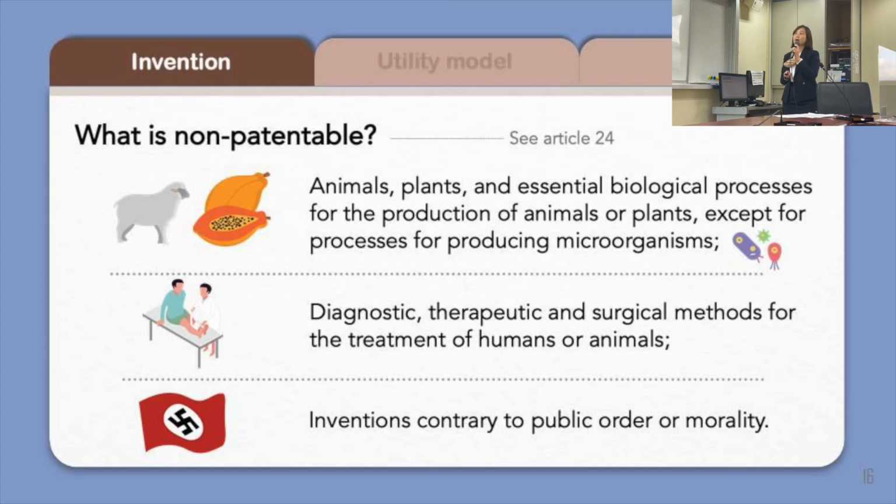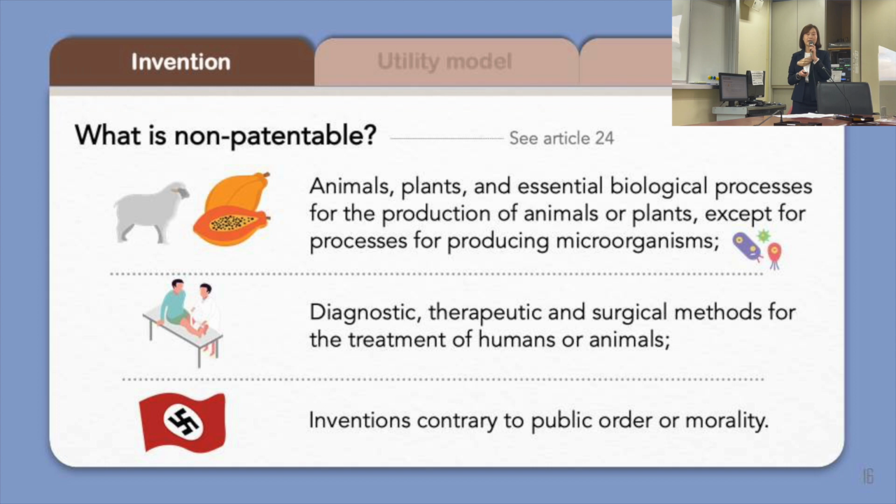So for invention patent, what is not patentable? Inventions involving animals, plants, and essential biological processes for the production of animals or plants cannot be given a patent. However, microorganisms and their methods can be patented, as they do not belong to animals or plants.